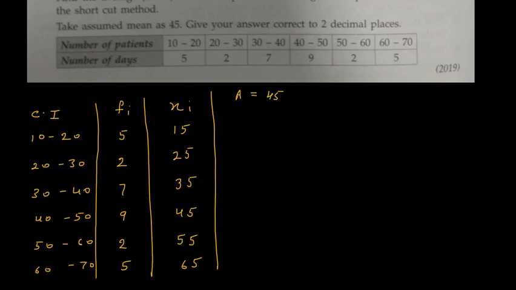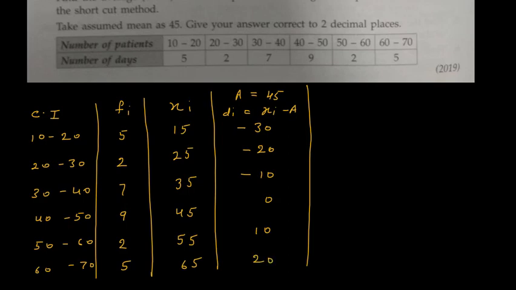And here I will use di. Di is what? Xi minus a. So 15 minus 45, we will get minus 30. Here we get minus 20, minus 10, 0, 10 and 20.